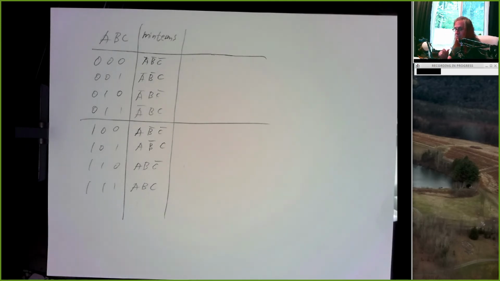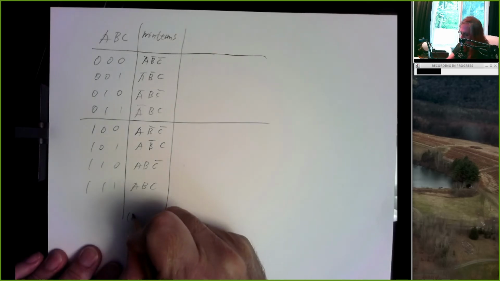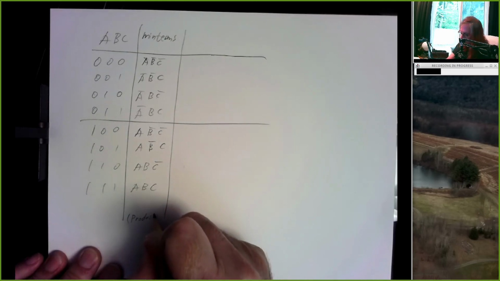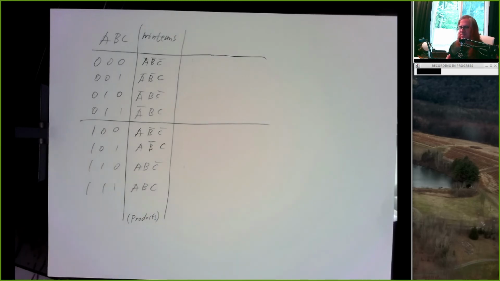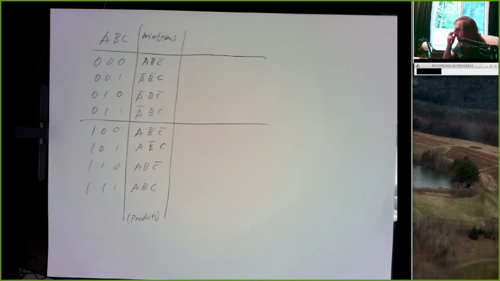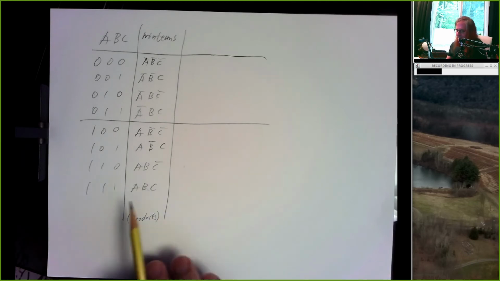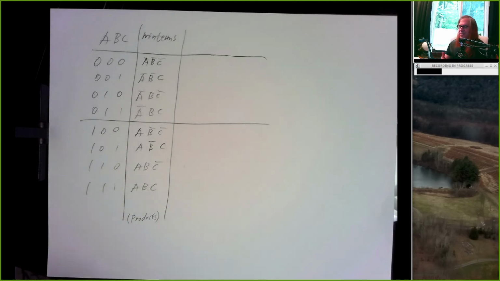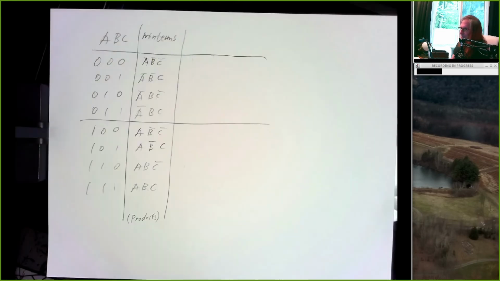They are also product terms, or just products. Product is the same as anding, right? If this was algebra, this would look like A times B times C. And when you take Boolean variables, if any of them are 0, then the and is 0. So they kind of look like products. So these product terms are called minterms.